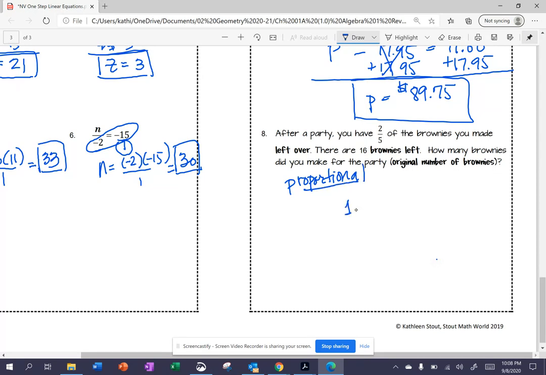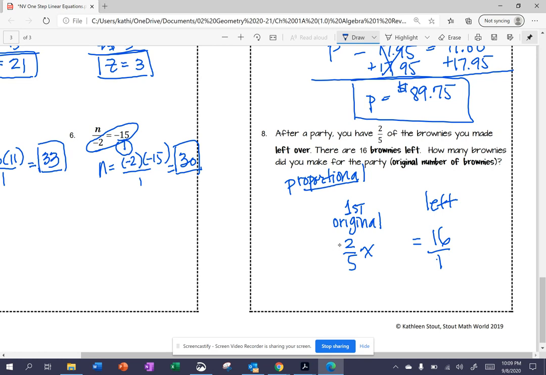So what I had first is called the original. And what I have left is what I had ended. So I have 2/5 of what I started with, and I have 16 left. So this is going to be over 1 here.